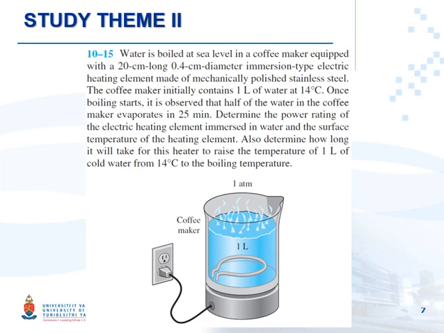Once boiling starts, it is observed that half of the water in the coffee maker evaporates in 25 minutes. Determine the power rating of the electric heating element immersed in water and the surface temperature of the heating element. Also determine how long it will take for the heater to raise the temperature of 1 liter of cold water from 14 to the boiling temperature.